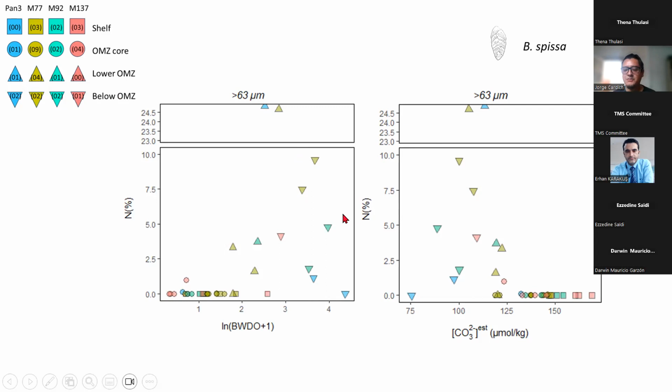This is still in exploration, because for Bolivina spissa, from studies of Nico Glock, they have been using the porosity.